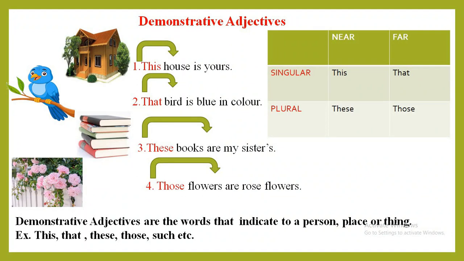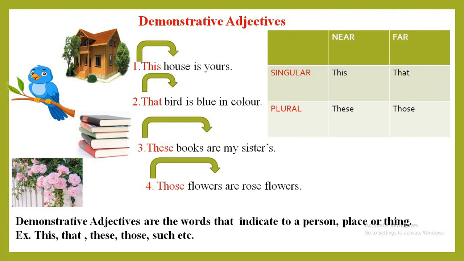The words this, that, these, those are just before the words house, bird, books and flowers, and point out them. These are demonstrative adjectives. So, you can say demonstrative adjectives are the words that indicate a person, place or thing.